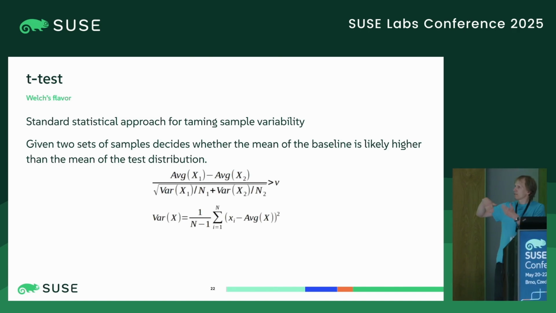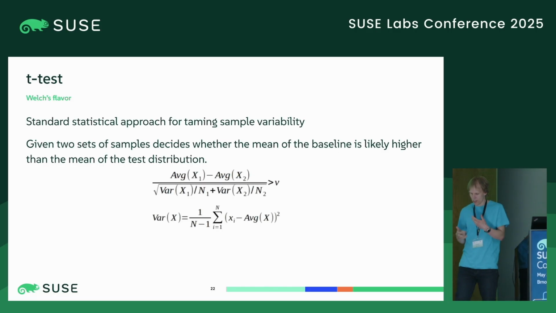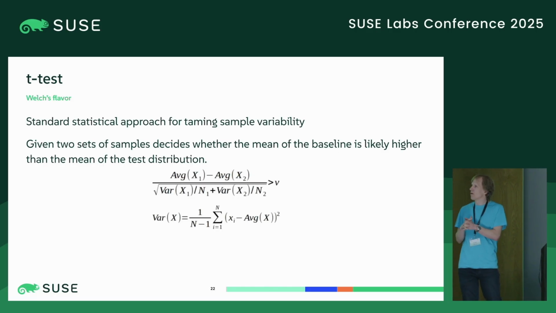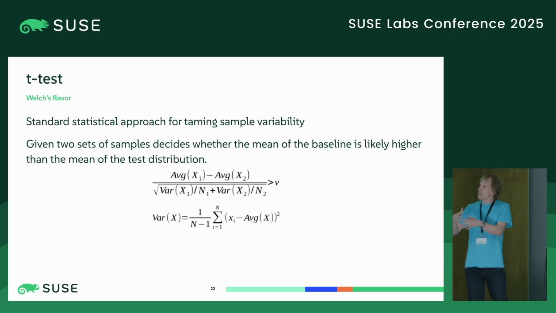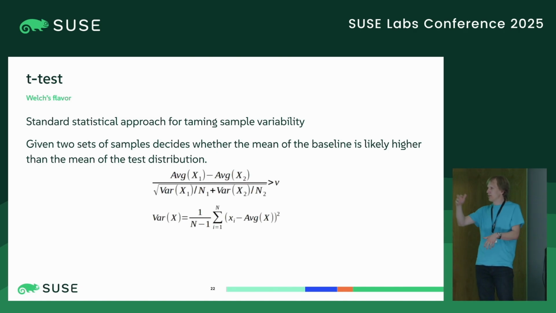It's the standard statistical approach to use the notion of distribution means and confidence intervals to decide whether two sets of samples, here denoted by x1 and x2, x1 being samples from the first kernel and x2 samples from the second kernel, have a mean that has shifted or not.